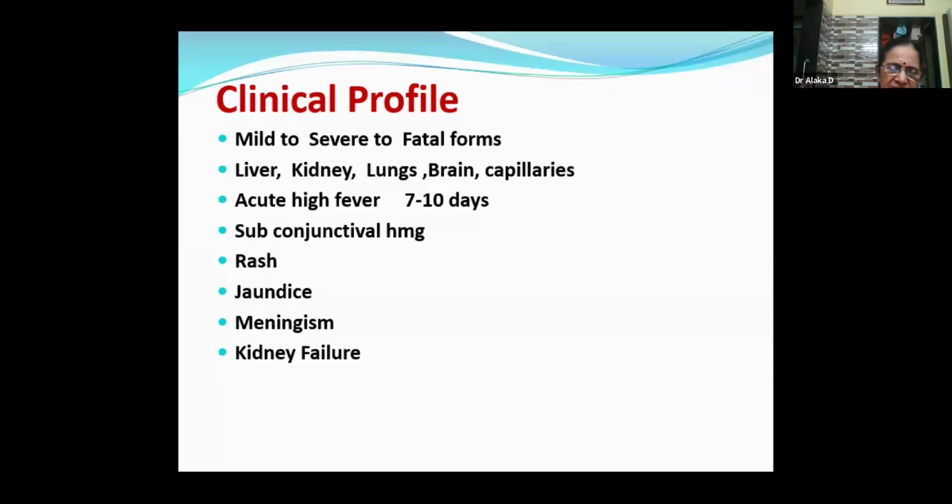Please get the history, whether he was drenched in rainwater, or walking through drainage or nala water, or water which clogged the roads. The patient can have subconjunctival hemorrhage and rash over the body. Because of the liver affectation, there will be jaundice, meningism, and kidney failure.